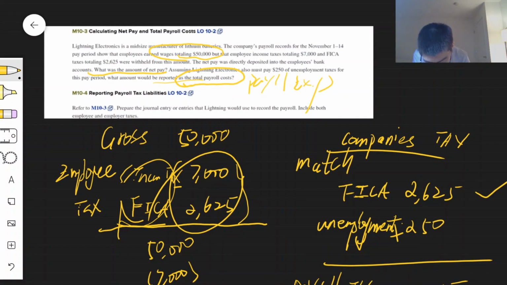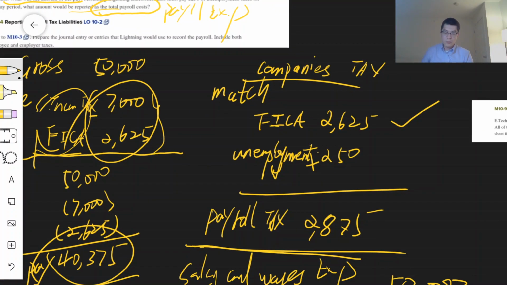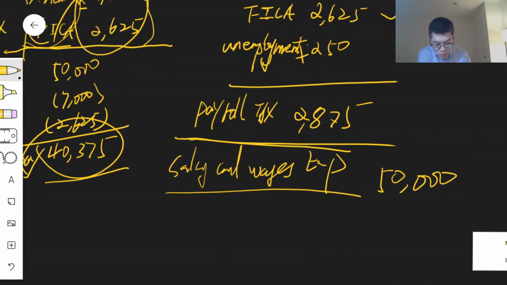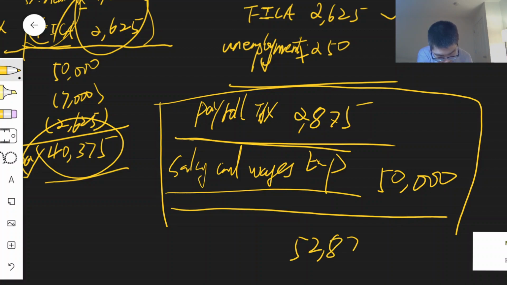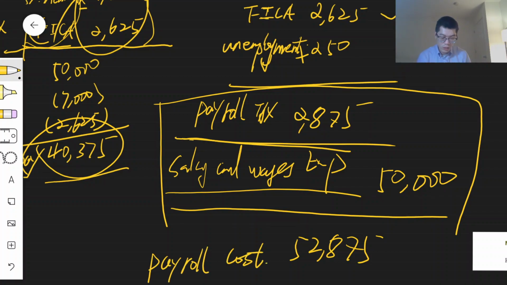So the total payroll expense includes both the payroll tax and the salary expense. In total, that is $52,875. That is the payroll cost for the company.